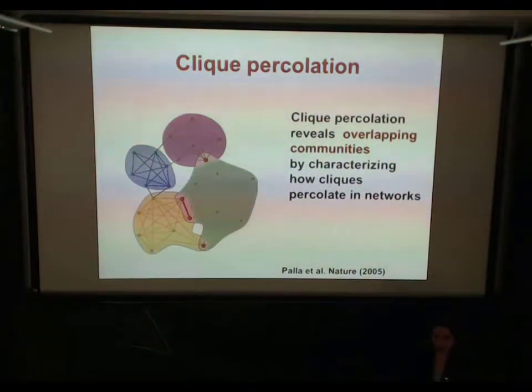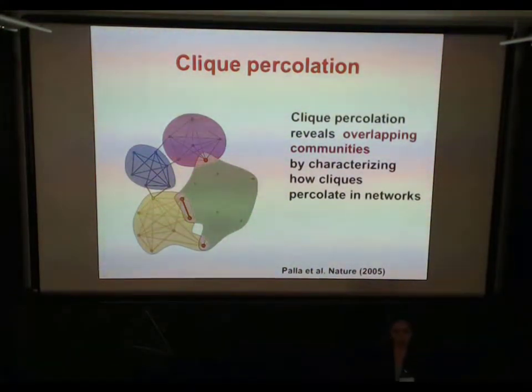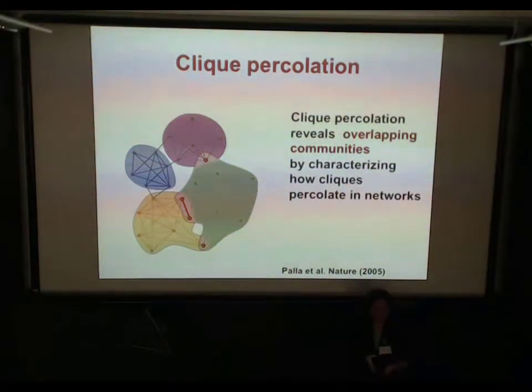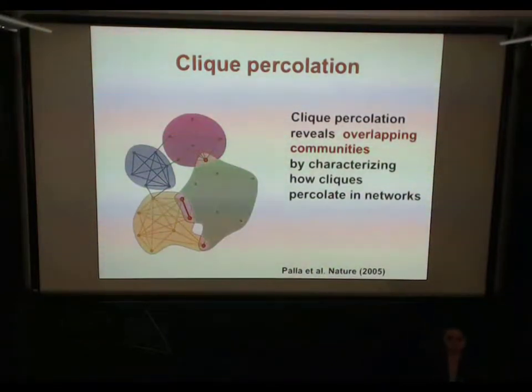So what people have proposed in this paper is that you have cliques, 4-cliques, and you roll the cliques. This rolling means that you look for cliques that share 3 nodes with your starting clique.